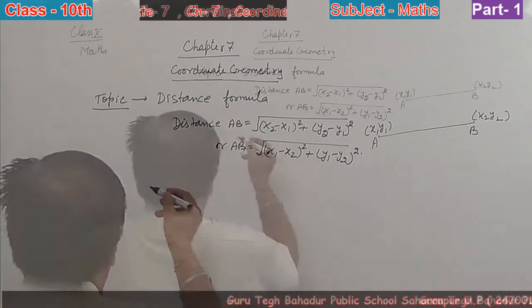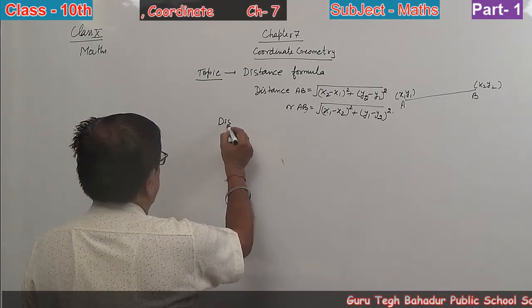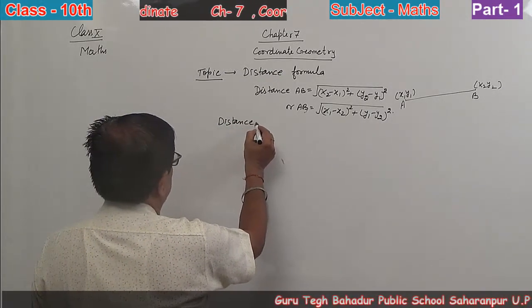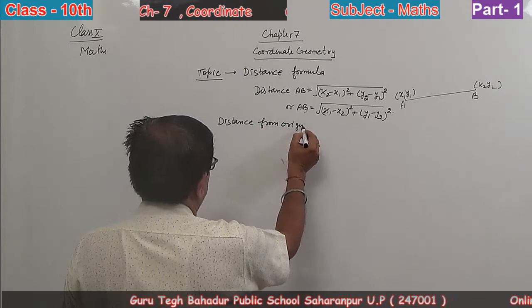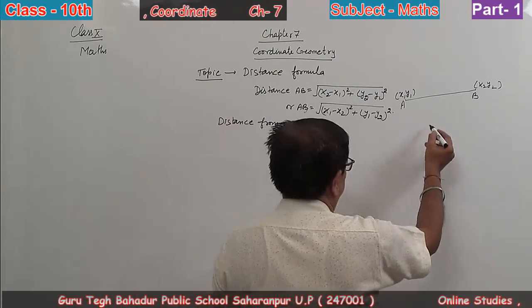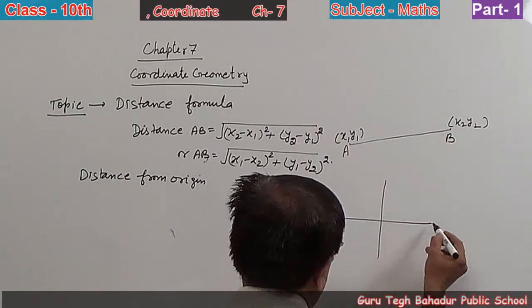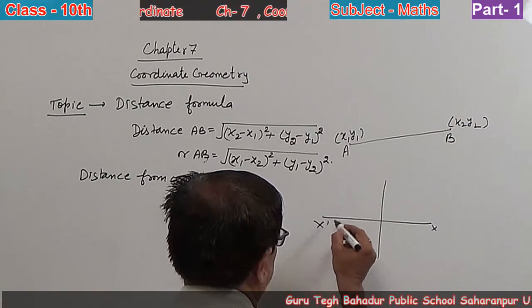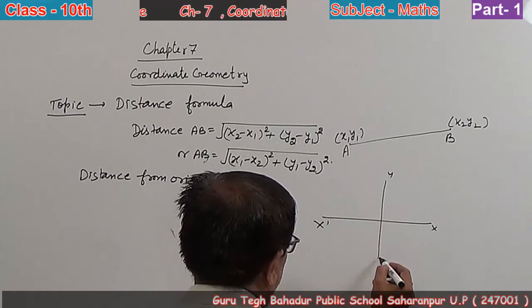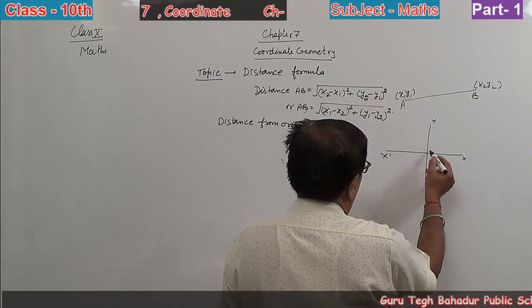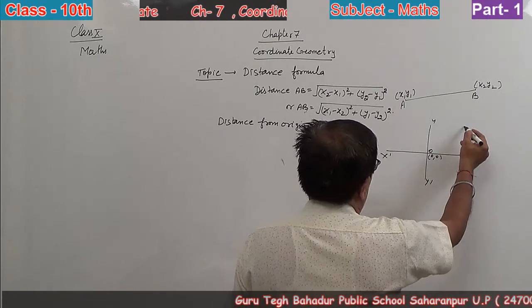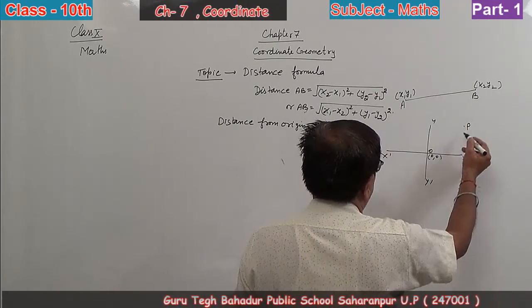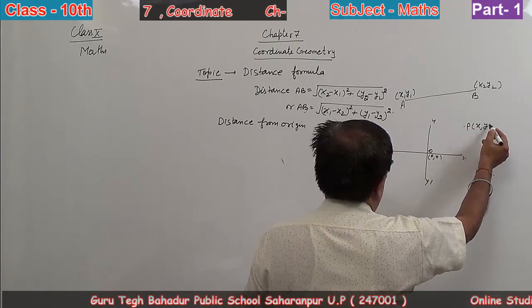Distance from origin. This is the x-axis, this is the y-axis, this is the origin whose coordinate is 0, 0. P is any point whose coordinate is x, y.